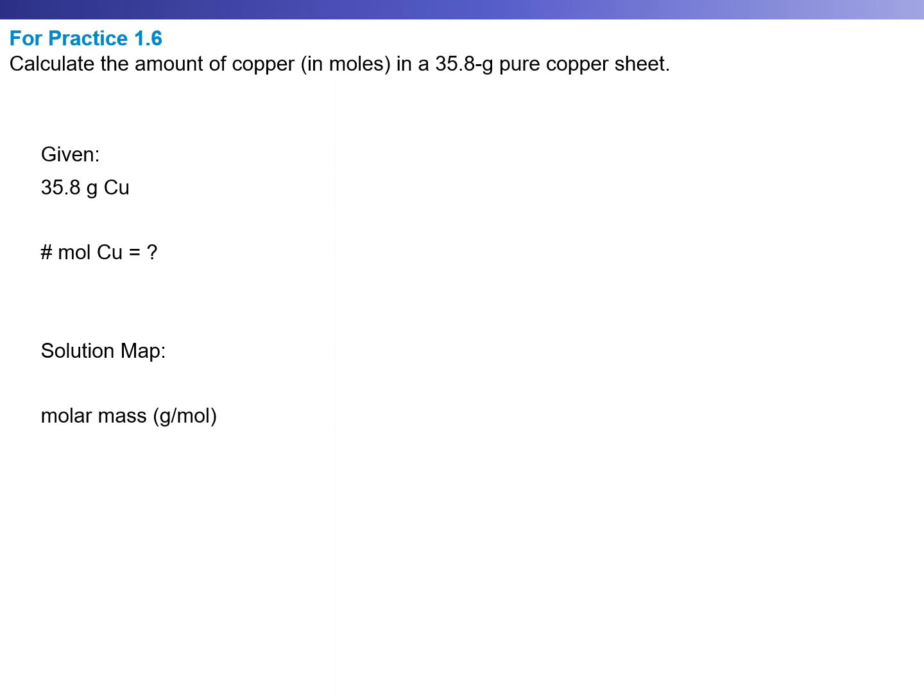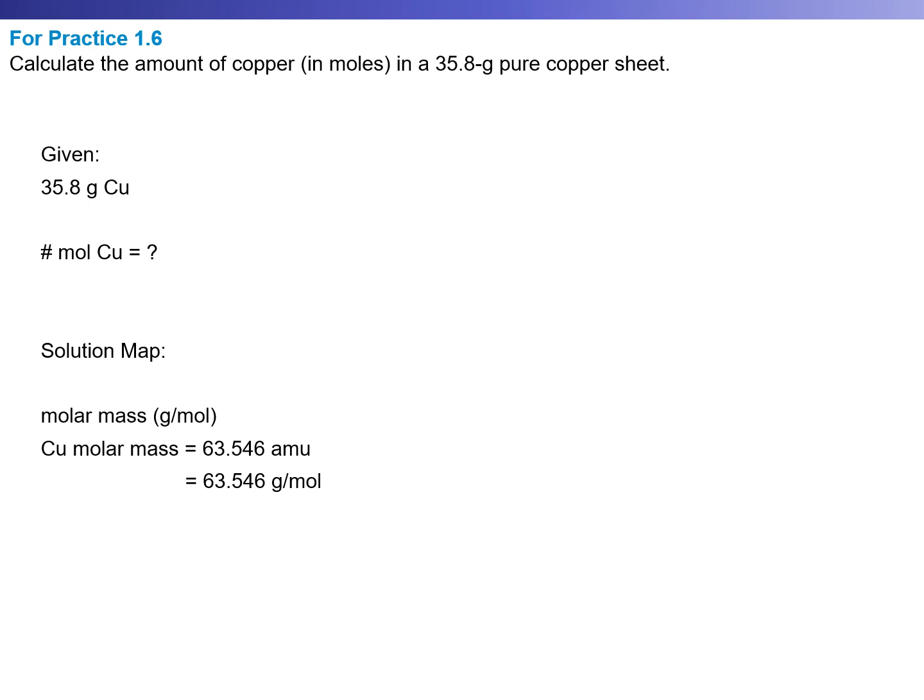So if we go to the periodic table, we can see that copper has an atomic mass of 63.546. Now, why is that a big deal? Because we can just drop the atomic mass units and substitute grams per mole. So this is telling us that we have 63.546 grams of copper per 1 mole of copper.